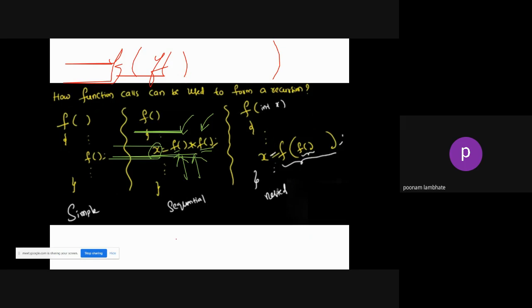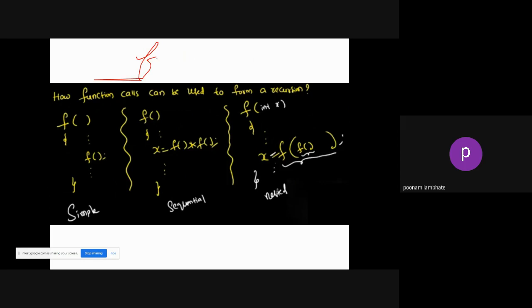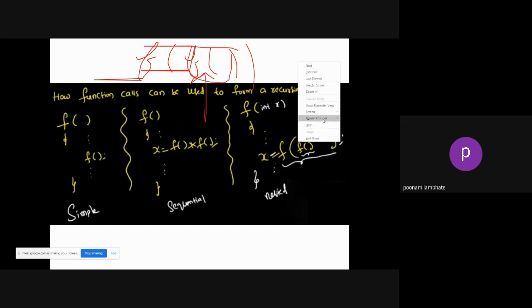That means if you're calling a function f, you're passing certain parameter to it. In this case, the parameter is a function call. So whatever value is returned by the inner function will be replaced at this function call. Suppose the value returned by the inner function is 1.